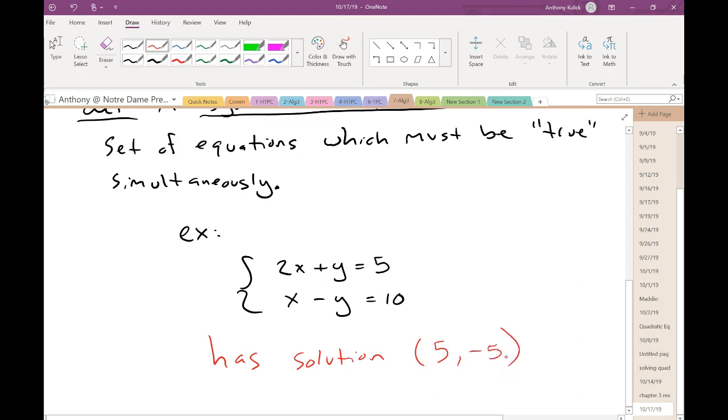So this system has the solution 5, -5. Never mind how I've gotten that. What I want to do is demonstrate what we mean by both equations being true simultaneously.